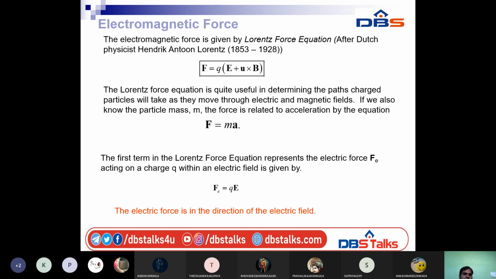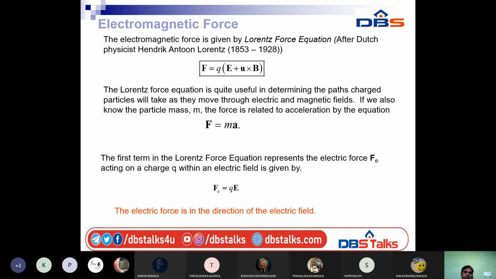If we also know the particle mass equal to m, the force is related to the acceleration by the equation F equal to ma, which we have already seen in our lower classes, where m is the mass and a is the acceleration.